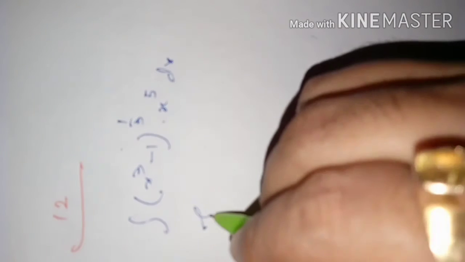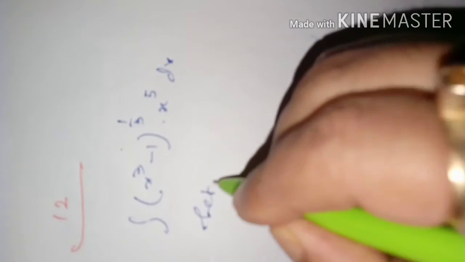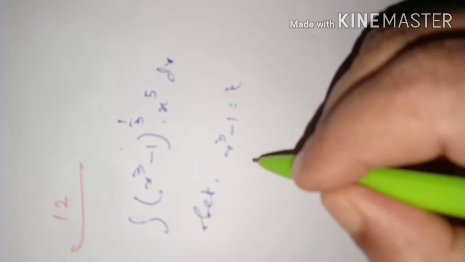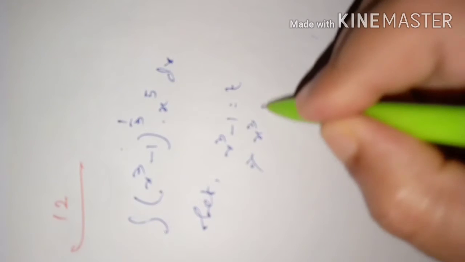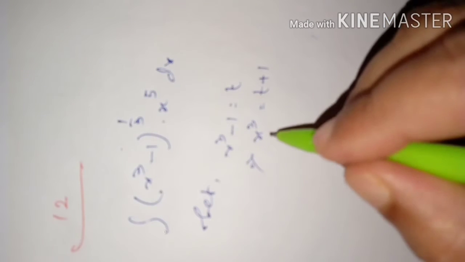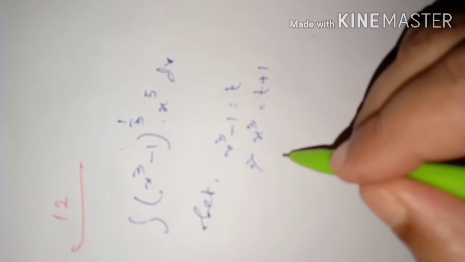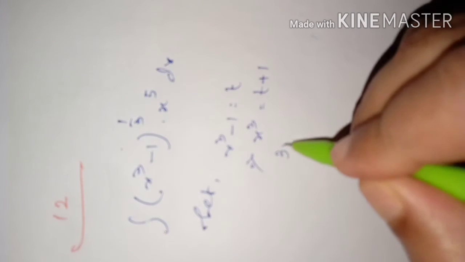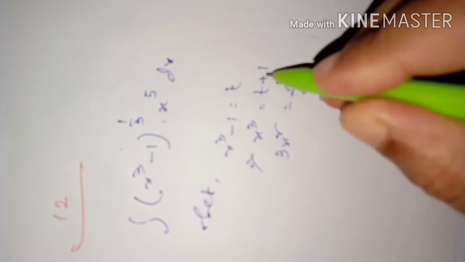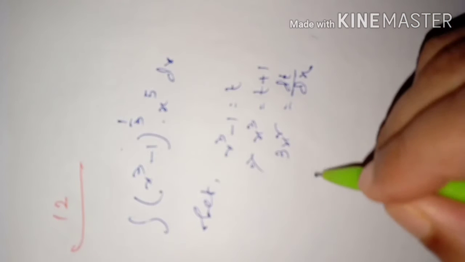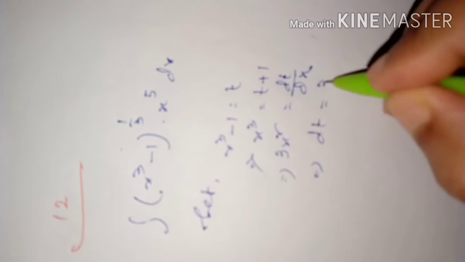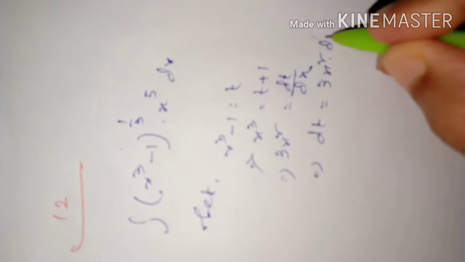Suppose I consider x cube minus 1 as t, then x cube will be equal to t plus 1, no? And by taking its derivative we can say that 3x square is equal to dt by dx, because the derivative of 1 is 0. So from here dt is equal to 3x square into dx.